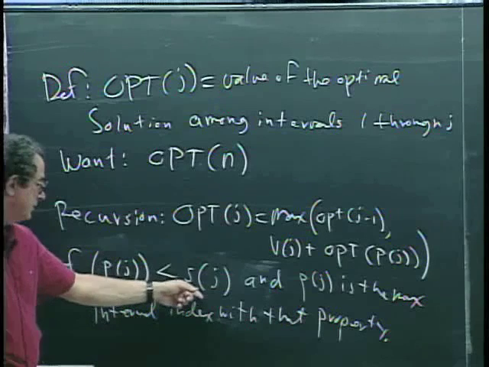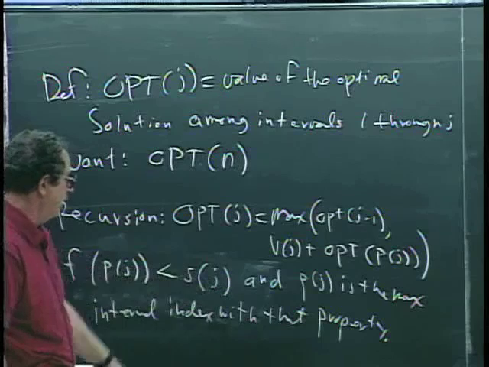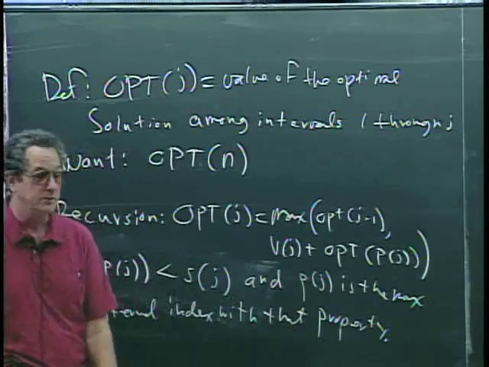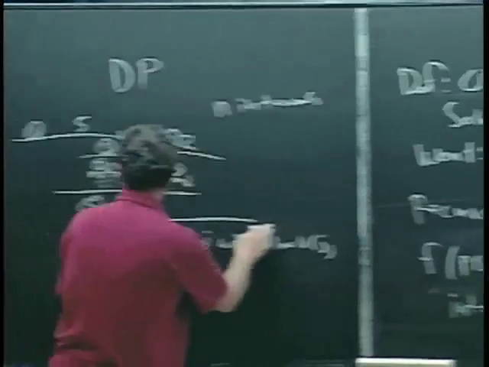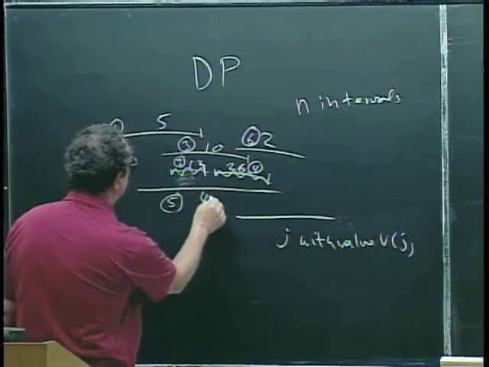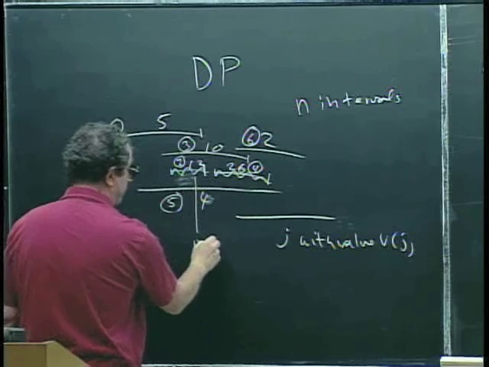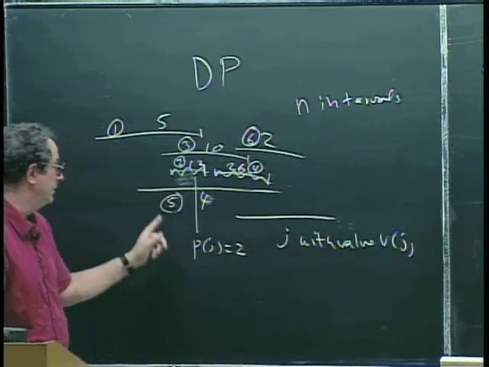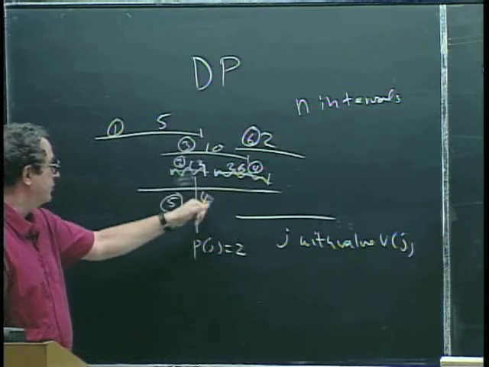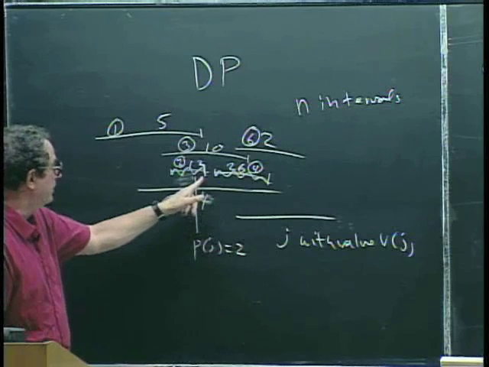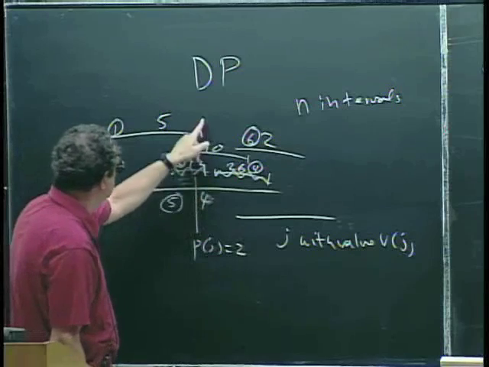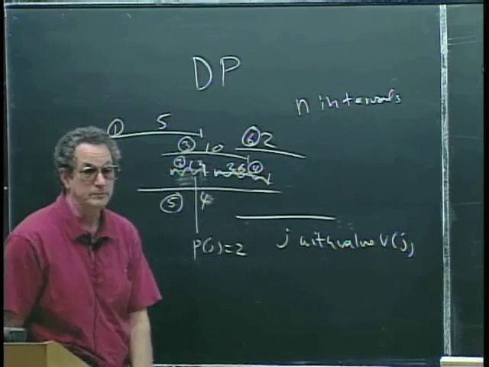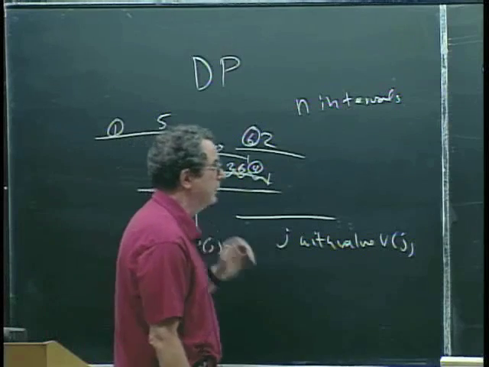It has to be less than the start time of interval j, and p j is the max index with that property. So if this is j, p j is equal to 2 in this little example. Interval 2 finishes before j starts, and it's the closest interval to j that has that property. So it's the largest index that has that property.